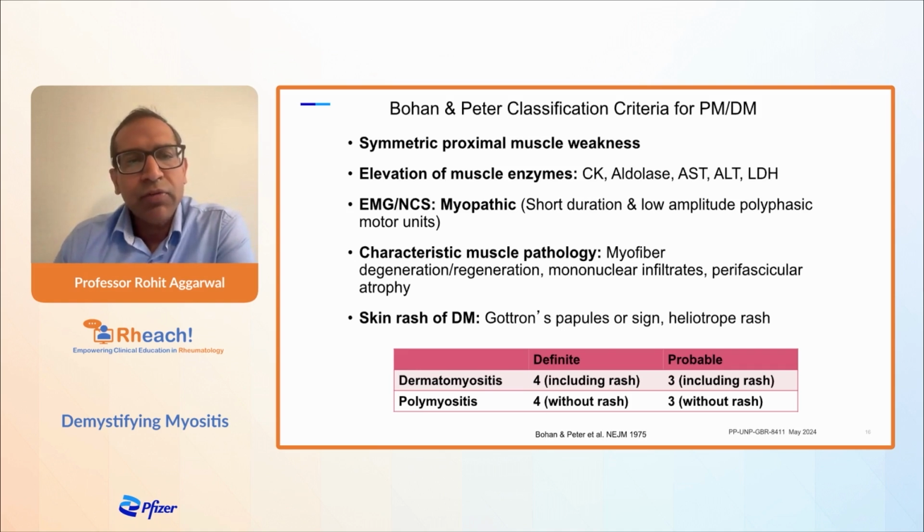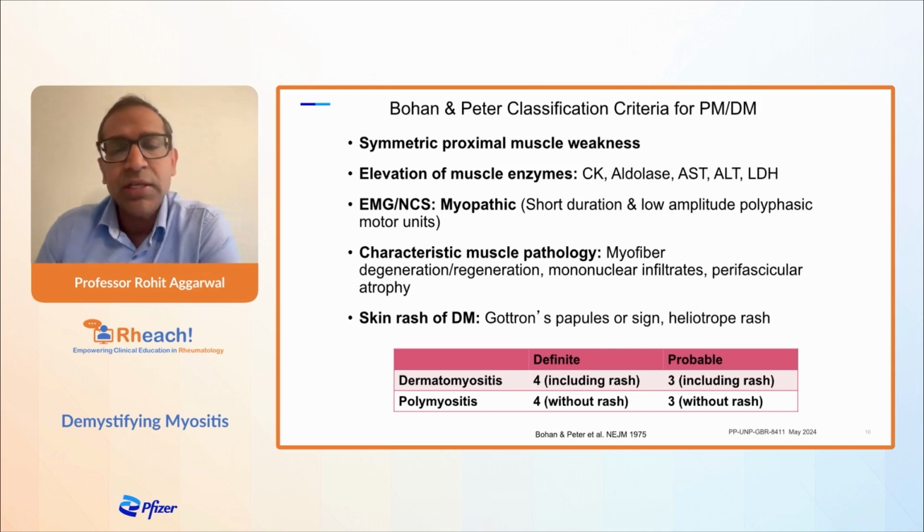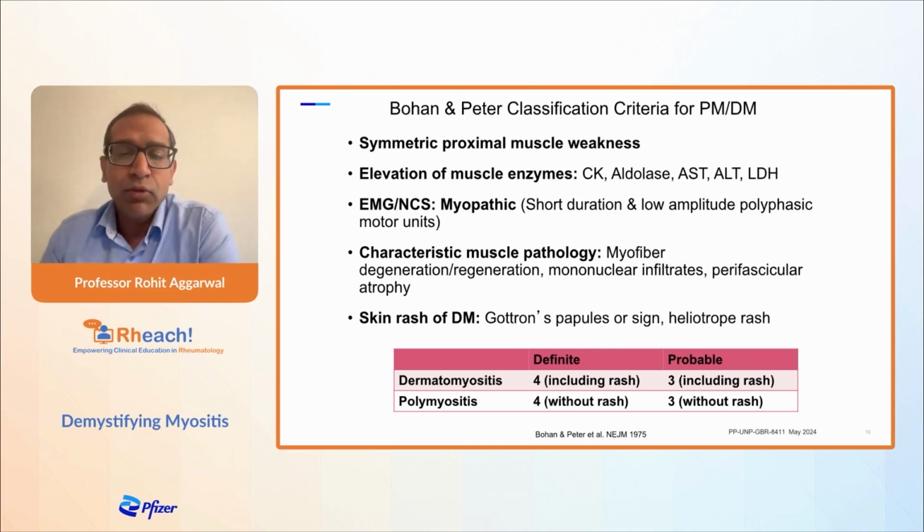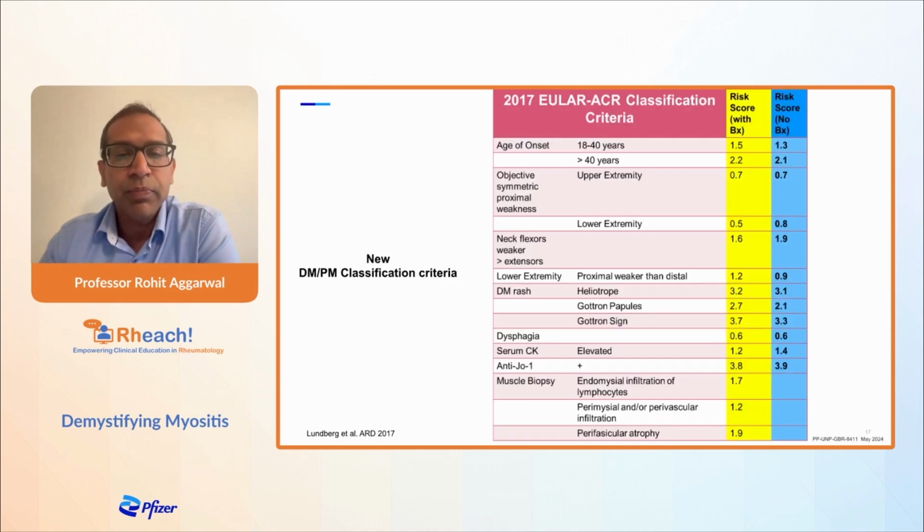Another disadvantage, as in any rheumatological criteria, is that there are generally autoantibodies, and myositis also has many autoantibodies, which I will show in later slides. But in this criteria, there were no antibodies, mainly because the discovery of myositis antibodies was after 1975.